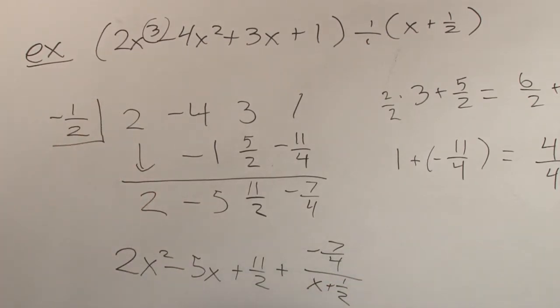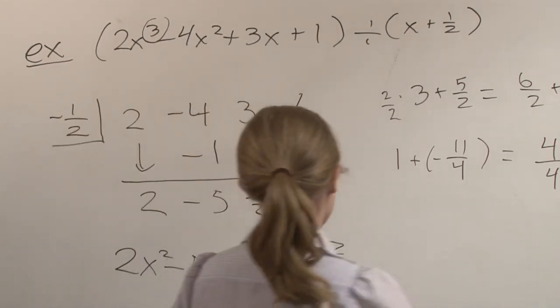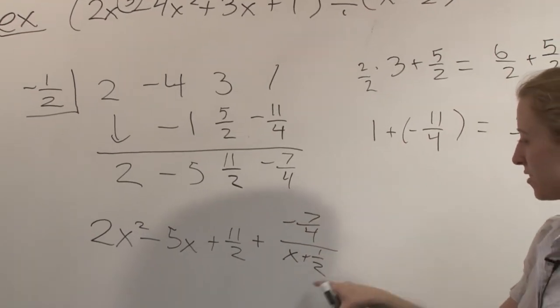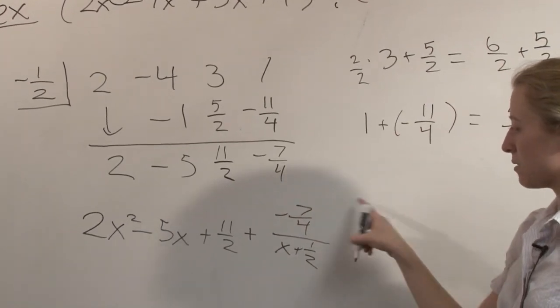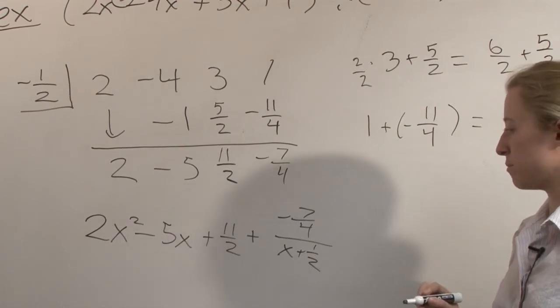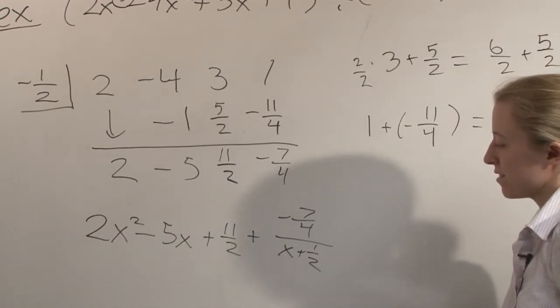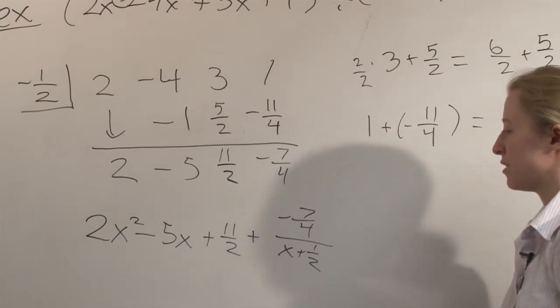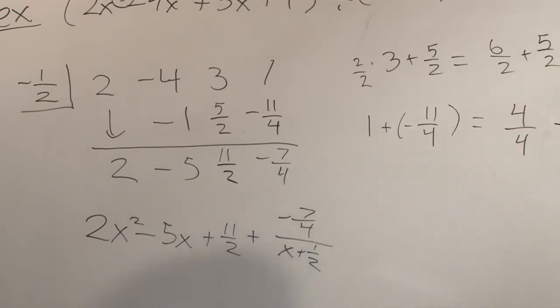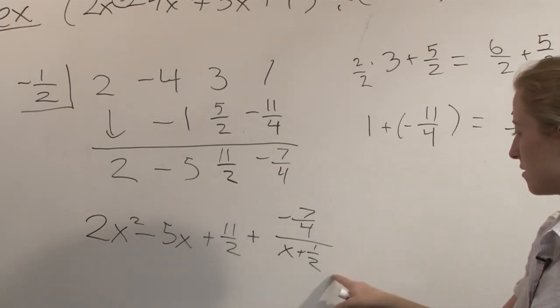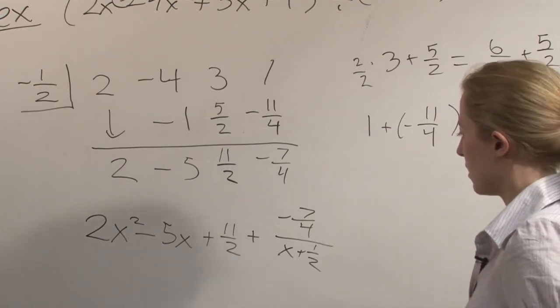Now that is not really the form we want that in because we don't want to have fractions inside of fractions. So what I'm going to do is, looking at the fraction in the numerator and the fraction in the denominator, I'm going to figure out what the least common denominator is. So in that case, it's going to be 4 because 2 goes into 4.